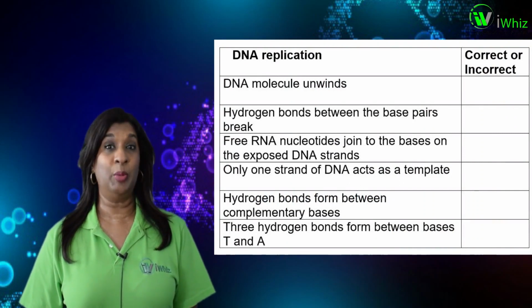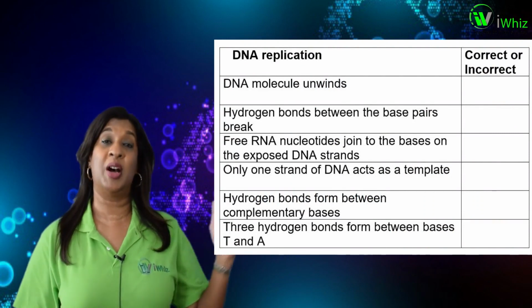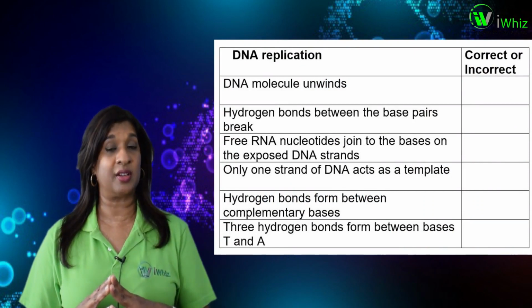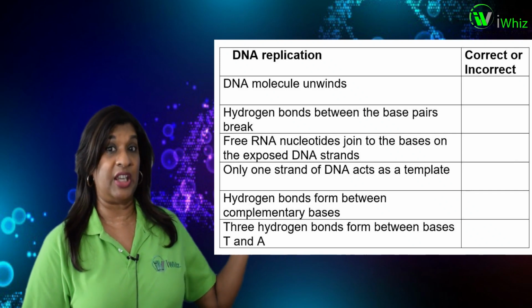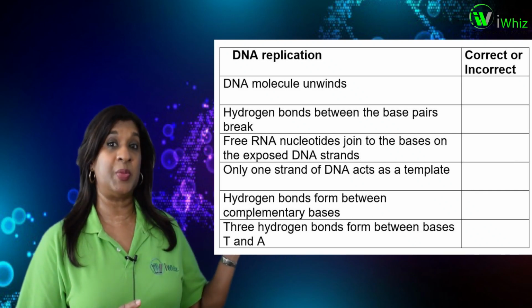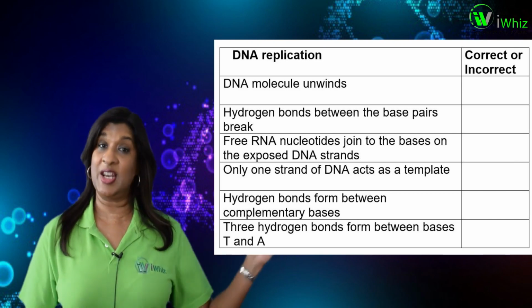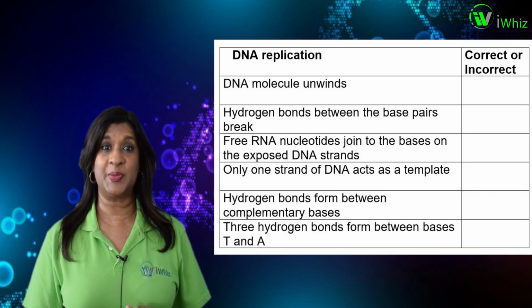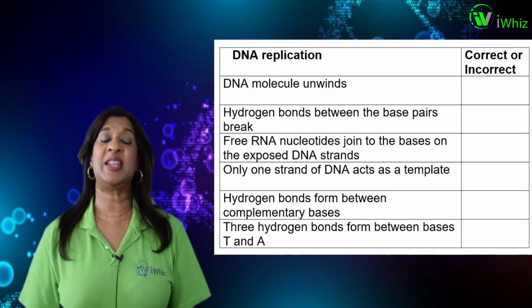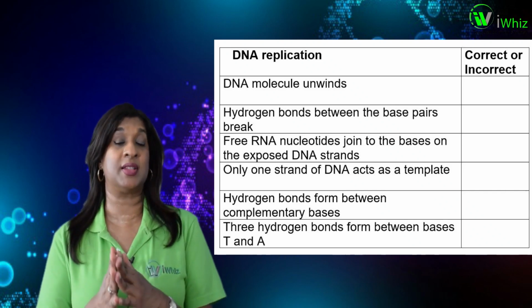It says the table below contains a list of statements about DNA replication. Some of these statements are incorrect. So you need to state which statements are correct and which ones are incorrect. So let's look at our table, right? So the first statement is the DNA molecule unwinds.